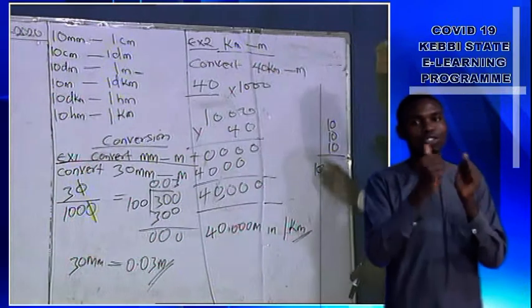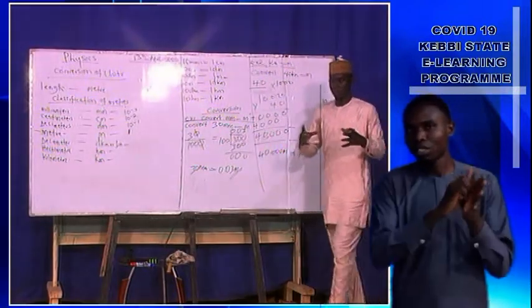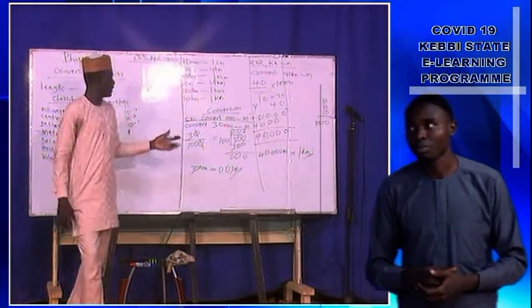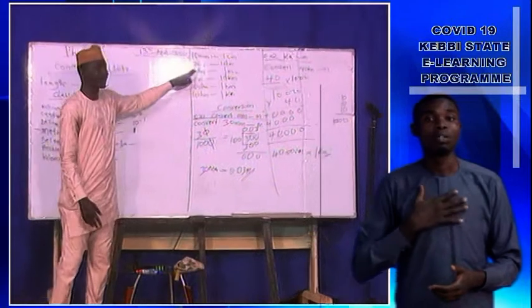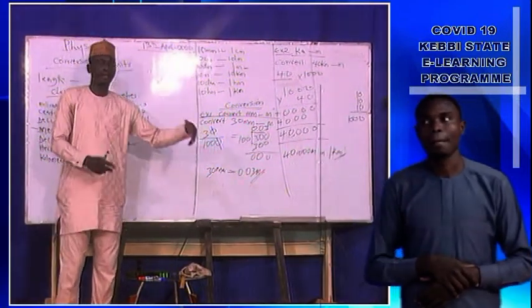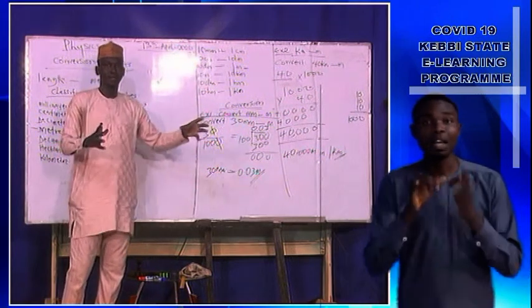And anytime in class you get examples or a solution you want to make, please, you can use this. If it is greater than meter, you are going to multiply. If it is less than meter, you are going to divide. Thank you.